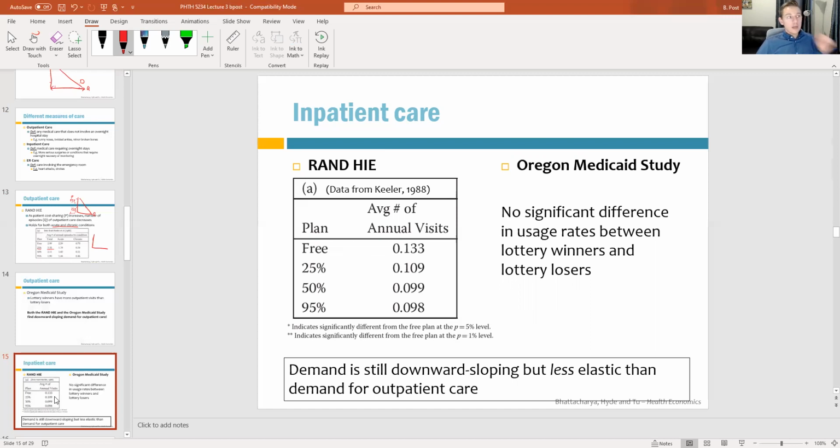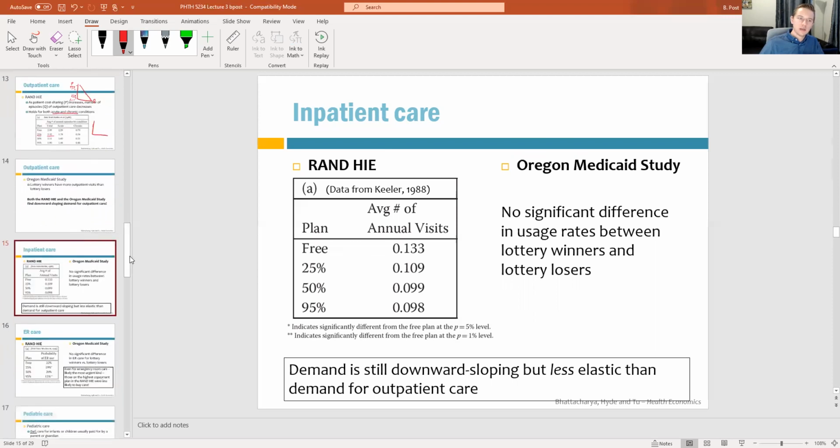So you can imagine how that's different from inpatient care, where this tends to be a little bit more serious. There's a little bit less discretion on the part of patients over inpatient care for more serious conditions. So unsurprisingly, the Rand Health Insurance experiments found a slightly downward sloping demand curve. It's going to be flatter. So the demand curve for price, quantity. For outpatient care, we found that it was fairly responsive.